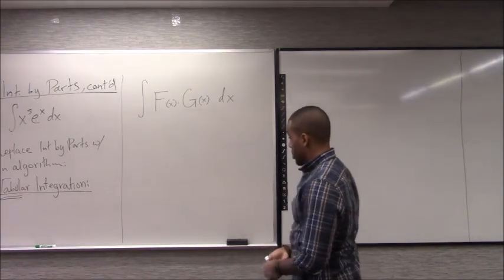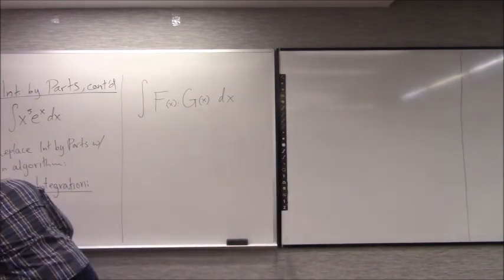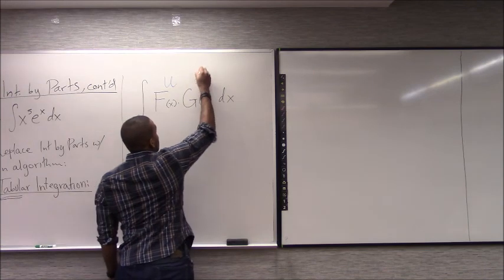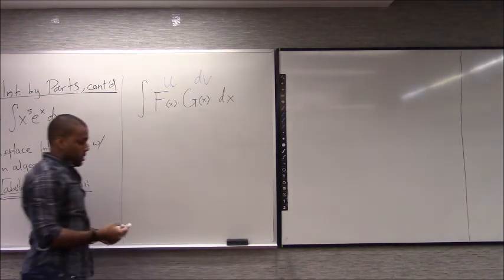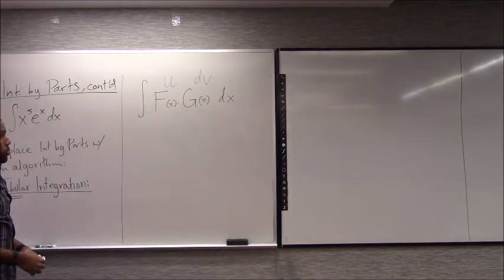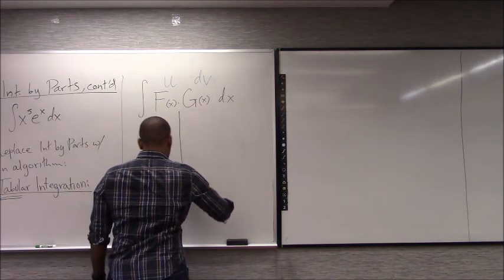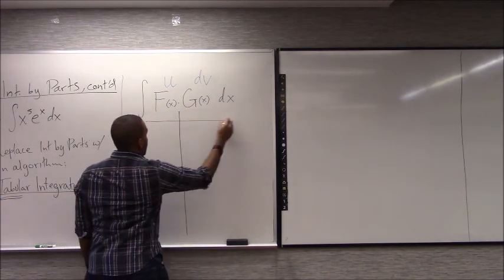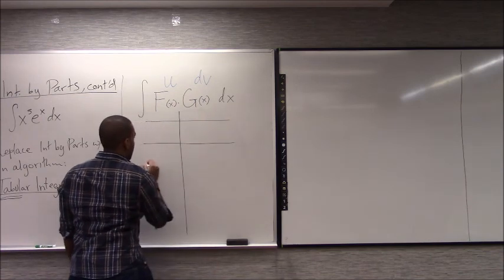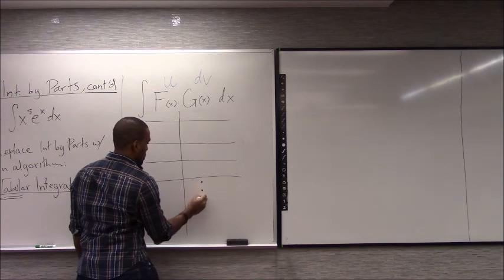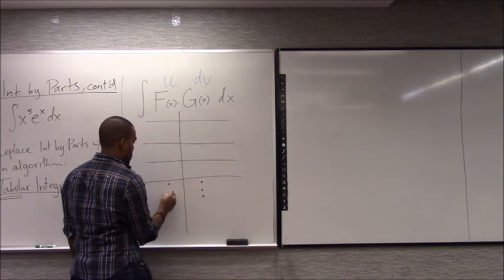So I'm going to think of the big F as the guy I'm going to choose to be the u, and the G to be the guy I would choose to be the dv, and so I lined it up like that. What you're going to do is construct a table right below that. This table is going to have several steps, dot, dot, dot.